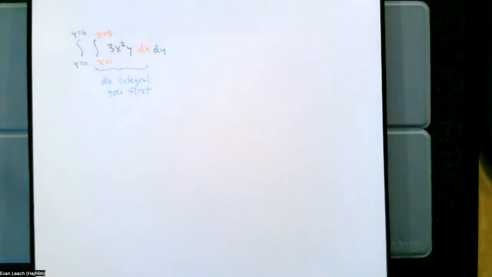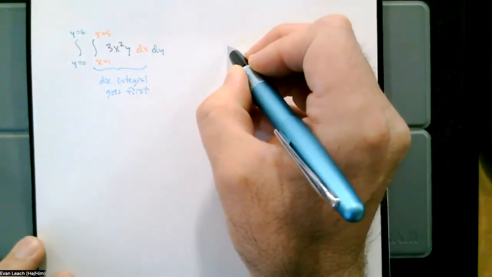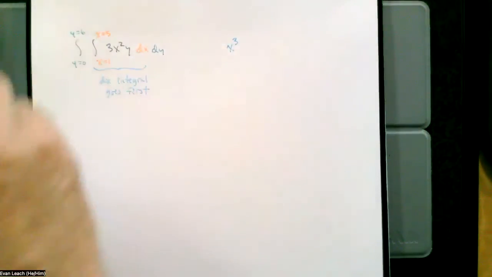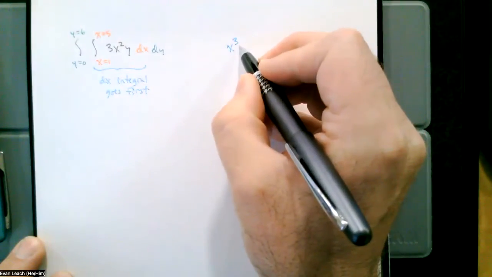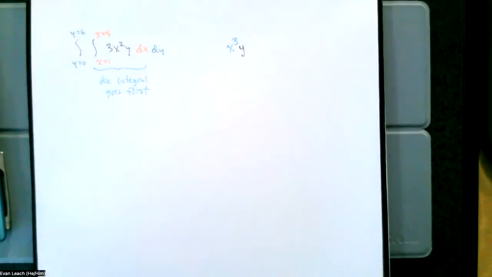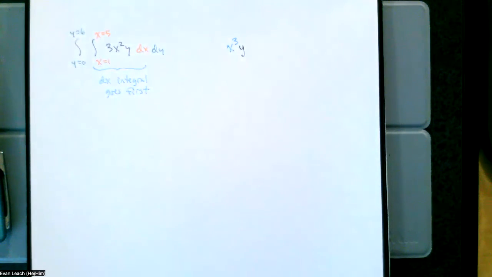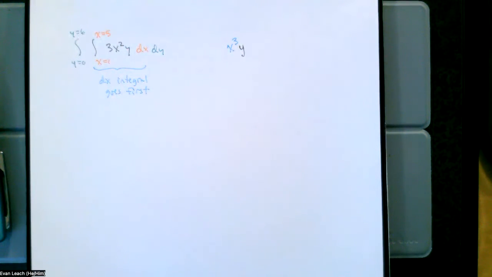Since y is included by multiplication, y is a constant factor. So the integral of 3x squared y dx is x cubed times y. If we take the derivative of x cubed y with respect to x, we end up with 3x squared times y. So we just take our derivative skills, our partial derivative skills, and apply them in the other direction.